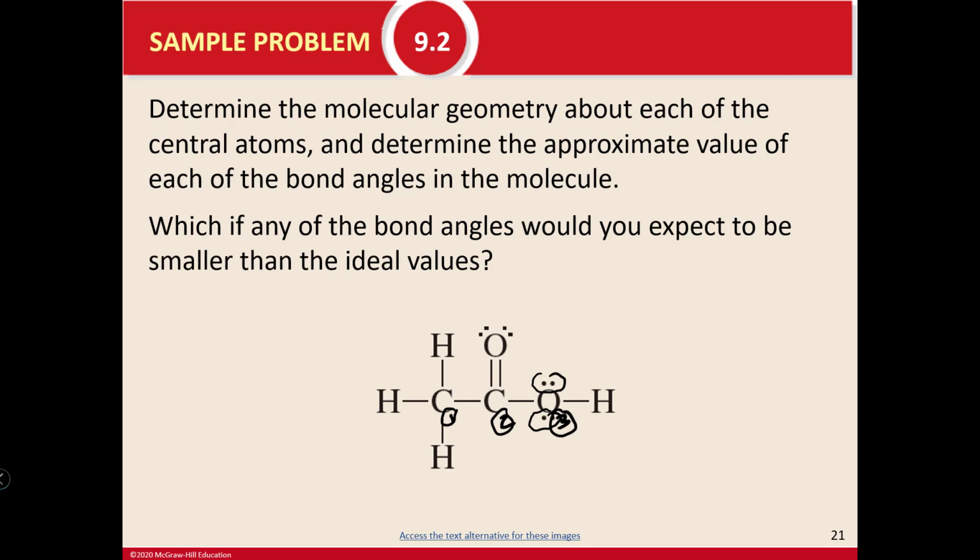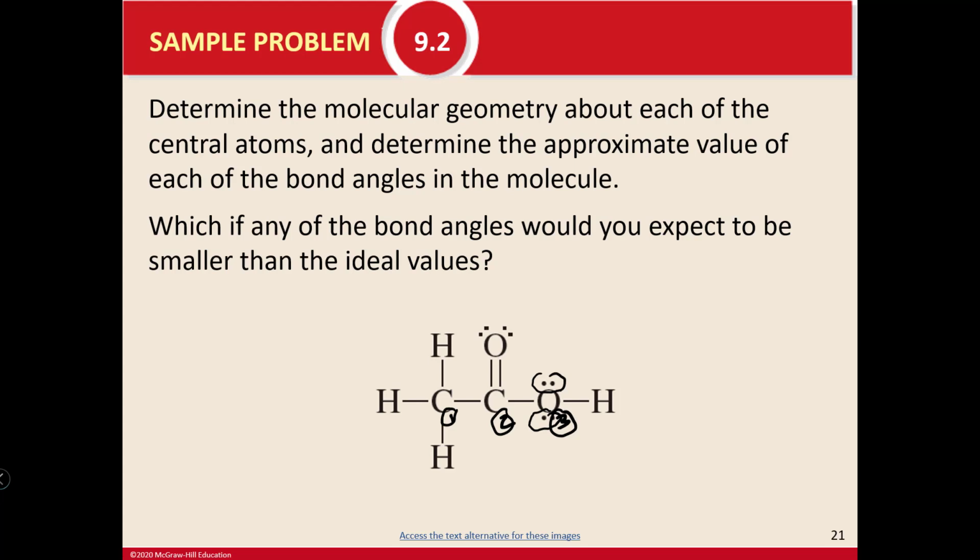Now, because it's AX2E2, the E part is invisible. So when we look at this part, right here it is. This is the carbon, that's the oxygen, and that's the hydrogen. You can see it's bent. The lone pairs are out here somewhere. But what you see is the molecular geometry is bent. It's still 4 things.